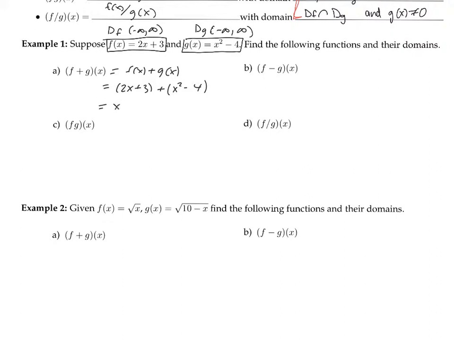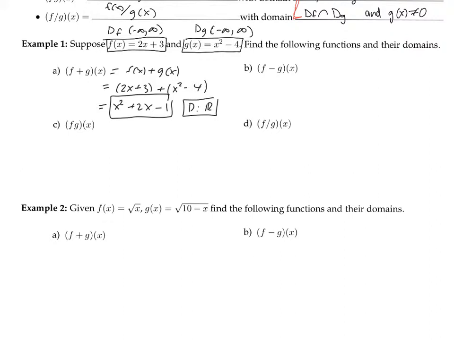So you've got x squared plus 2x minus 1. And the domain of that function is f's domain intersected with g's domain, but since they're both all real numbers, this domain is also all real numbers. Or you could say negative infinity to infinity.